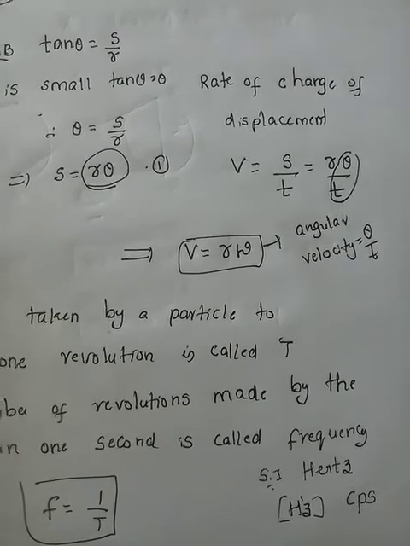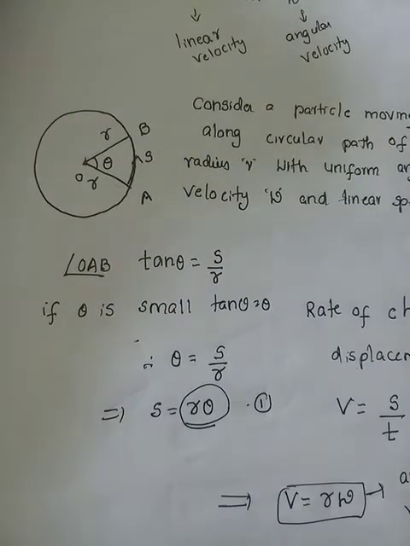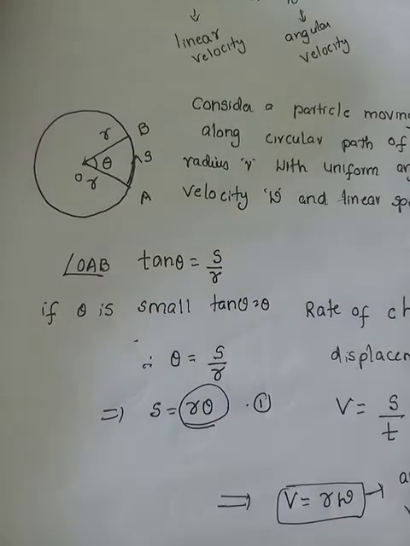If you want to complete one rotation, what is the angular displacement? 2 pi, right? To complete one cycle, the total angle covered is 360 degrees.